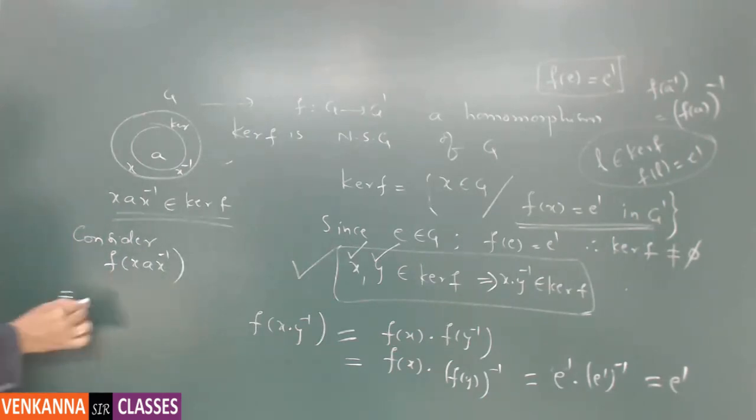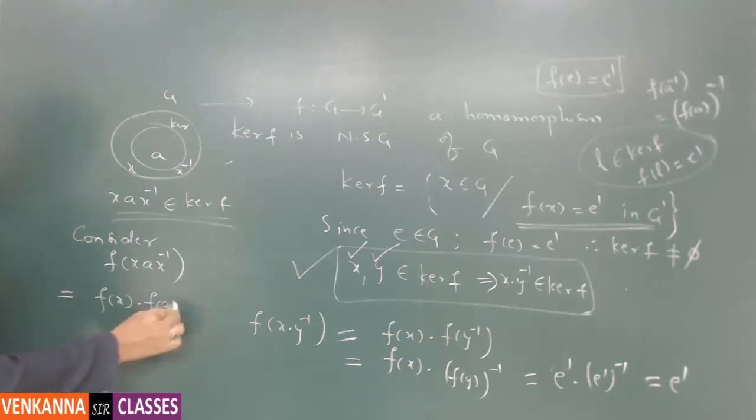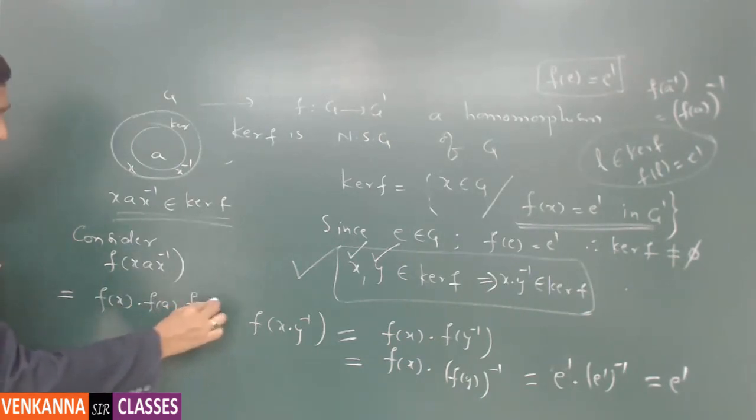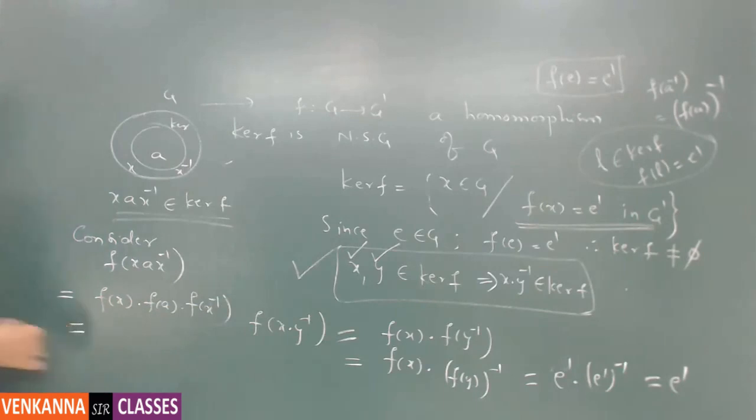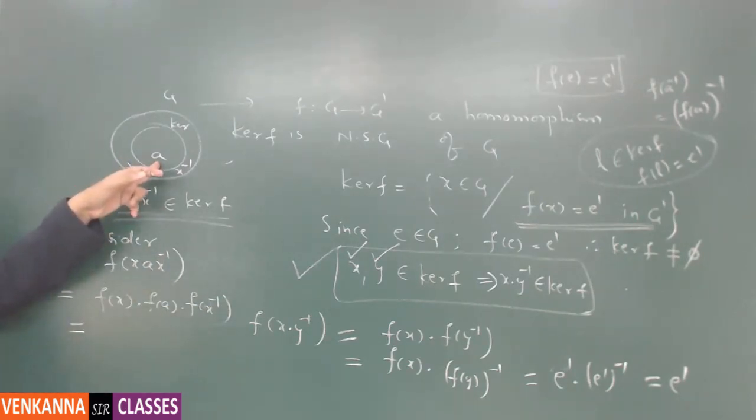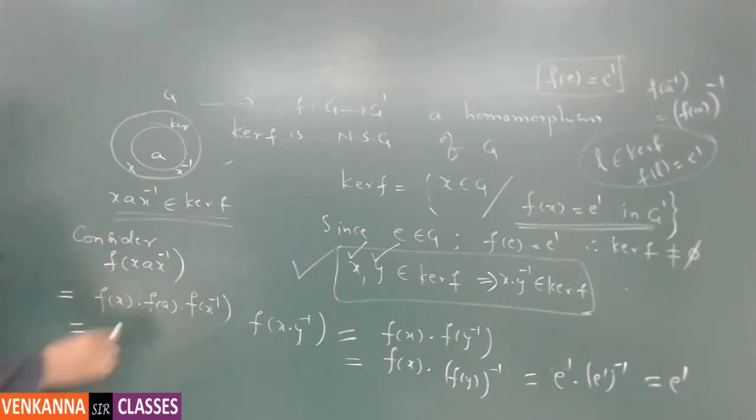Since f is a homomorphism, you can write it as f of x, f of a, f of x inverse. Since a is taken in the kernel, f of a is identity.